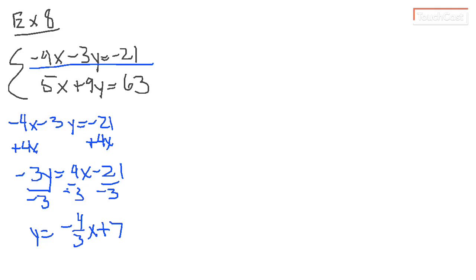So we're going to take this and plug it into the second equation for y. So we're going to have 5x plus 9 times negative 4 over 3 x plus 7 equals 63.